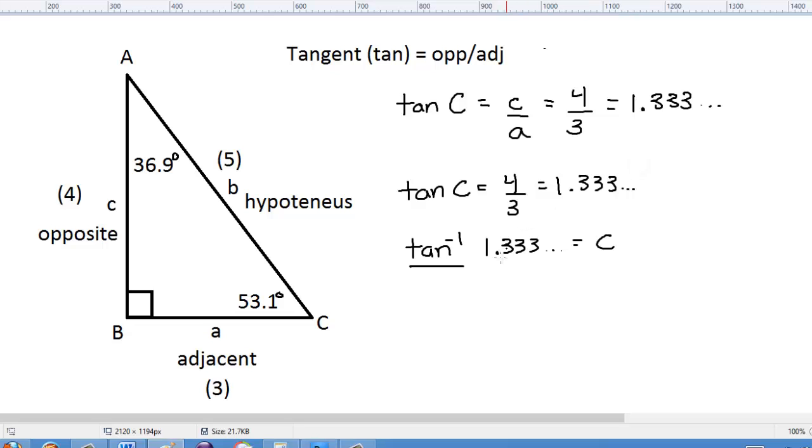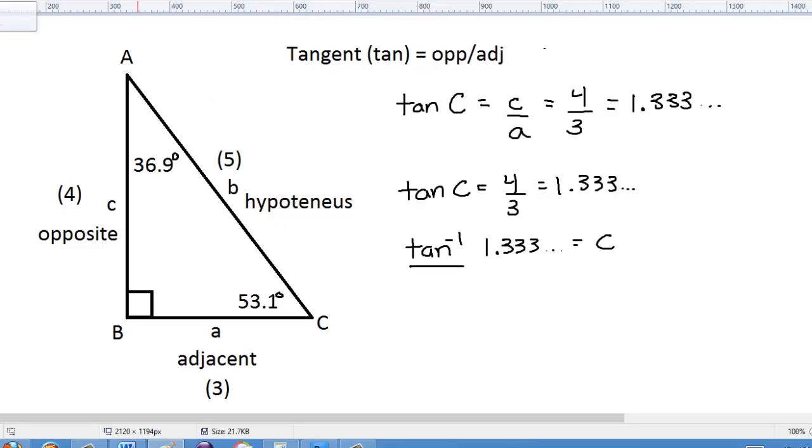If I took arctan of 1.333, I type 1.333 and then second tan, and I get 53.1. I get more decimals than that, and these are just approximations, so it's not exactly 53.1, but it's a good approximation.